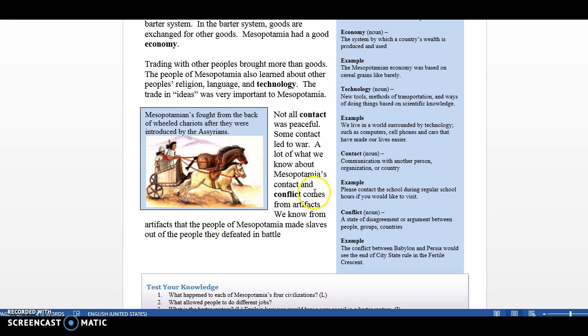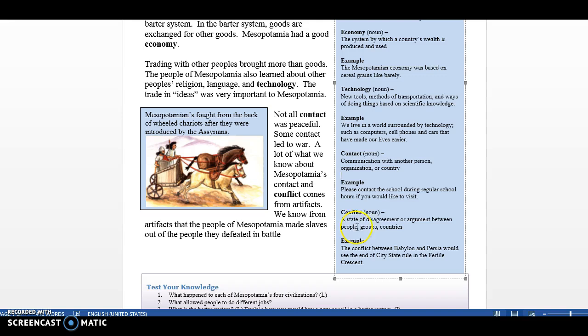Okay, things. So, contact is an AWL word. Here it is a noun. Contact means communication with another person, organization, or country. For example, please contact the school during regular school hours if you would like to visit. Conflict is also an AWL word. Conflict is a noun.